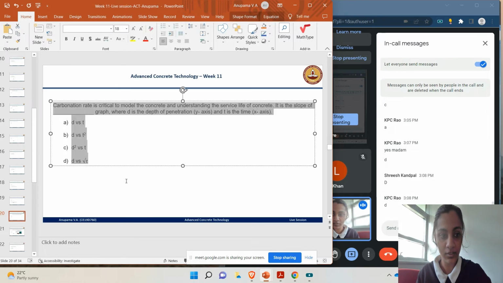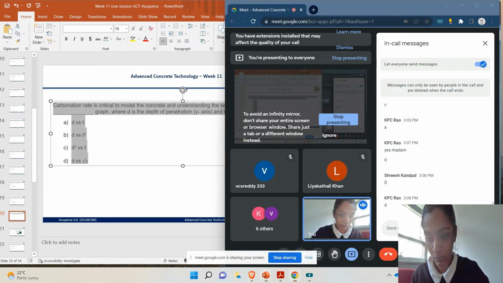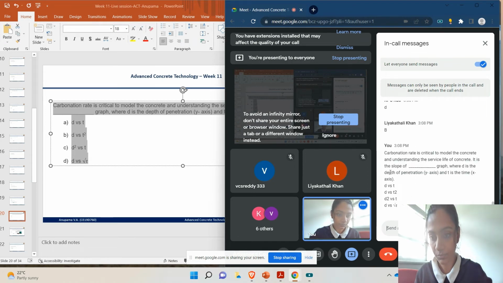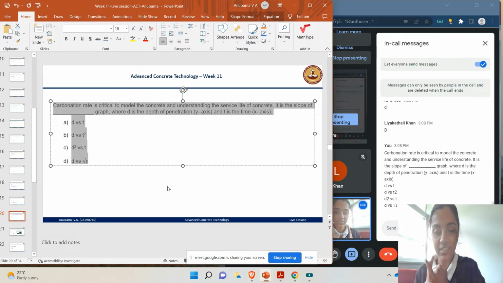I'll put it in the chat box also. So d versus t, d versus t square, d square versus t, and d versus root t. The slope of one of these graphs gives the carbonation rate.